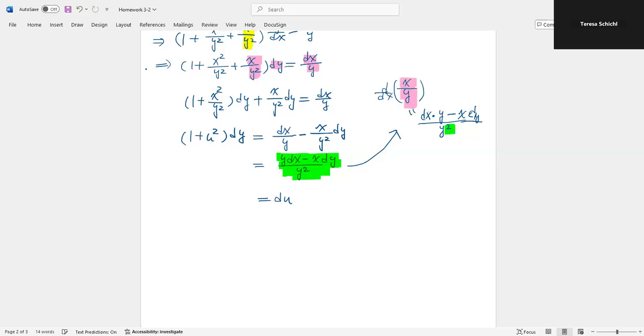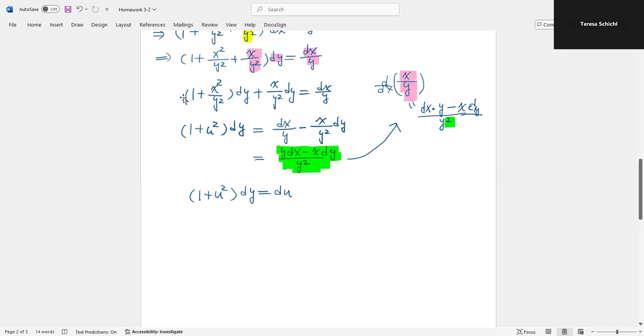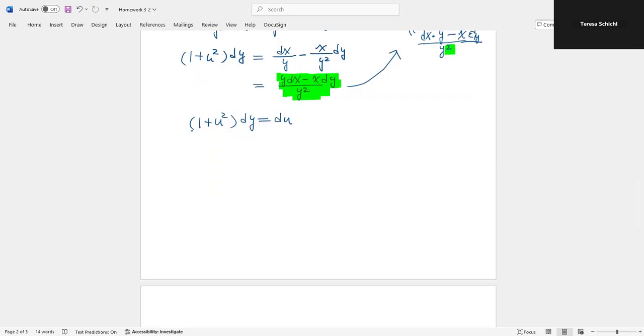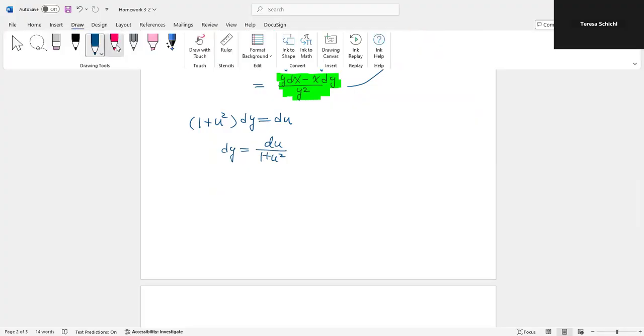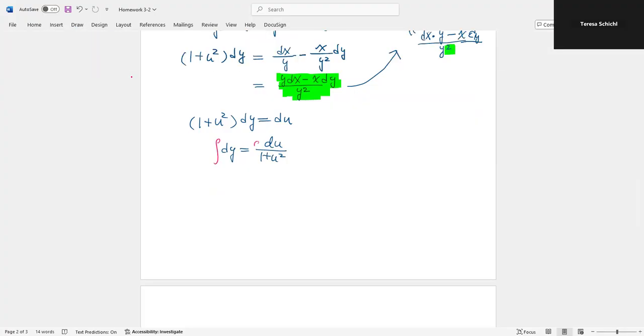Then my left-hand side is 1 plus u squared dy. Then I say, whoa, this is the one. Now I can do the variable separation, u and y. So now dy is equal to du over 1 plus u squared. Okay, now I can integrate both sides.